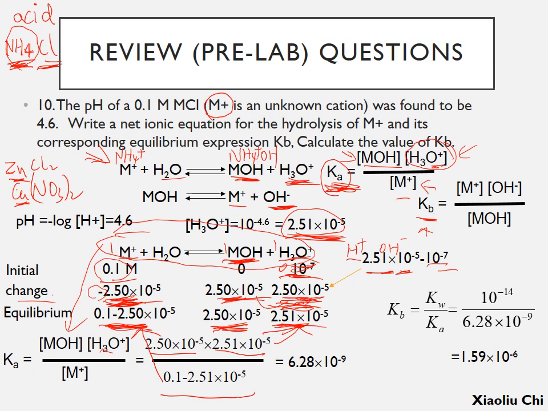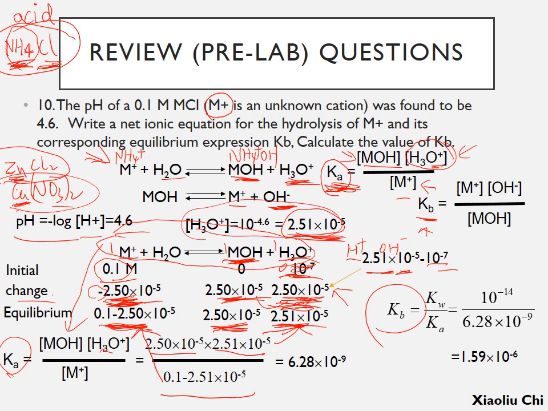So this procedure to calculate Ka and Kb applies again to all the salts, including ammonium chloride, zinc chloride, copper nitrate. So all the salts that include a cation from a weak base and a strong acid anion. Okay, so you first find the pH value, find the hydrogen ion concentration, and that's the product change.